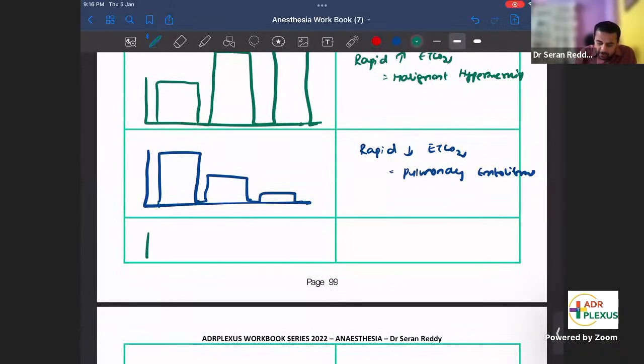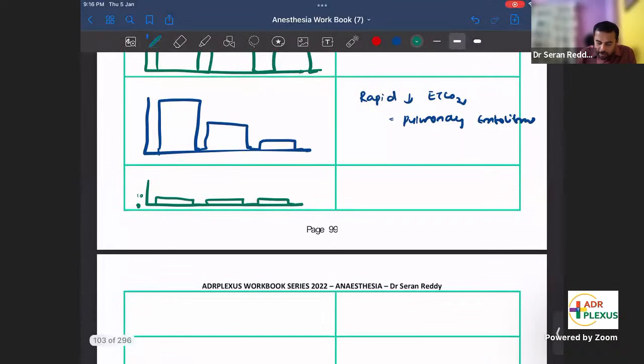Then you see, yesterday when we discussed this, if EtCO2 is around 0 to 10, and if they give another waveform like this, so suddenly it is 40.